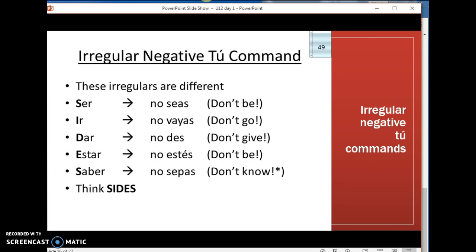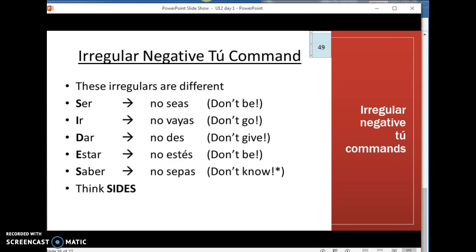So there are a few irregulars in the negative tú commands. They are ser, ir, dar, estar, and saber. And someone had said, this slide even says, think sides to remember it. That's great. But guys, if you go to the yo form of these verbs, step 1 in a negative command, go to the yo form.